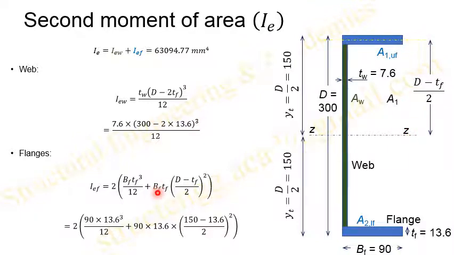That is BF into TF, the area of this flange, multiplied by the square of the distance (T minus TF) upon 2. Students are requested to cross check the calculations because I have done it hurriedly.